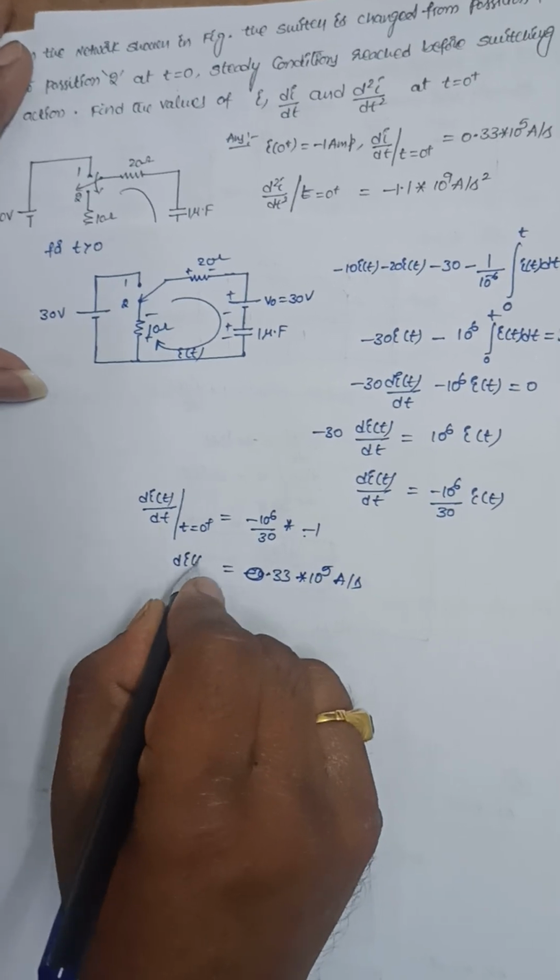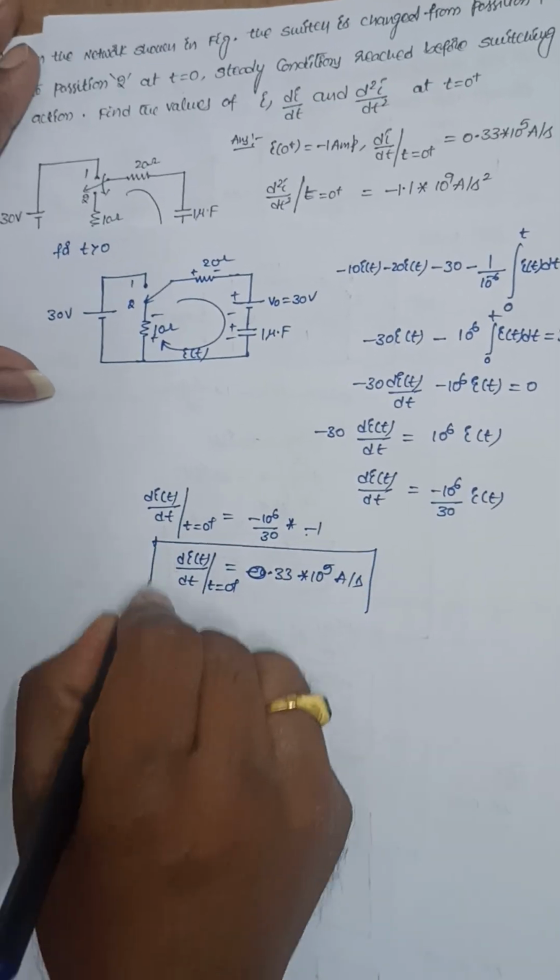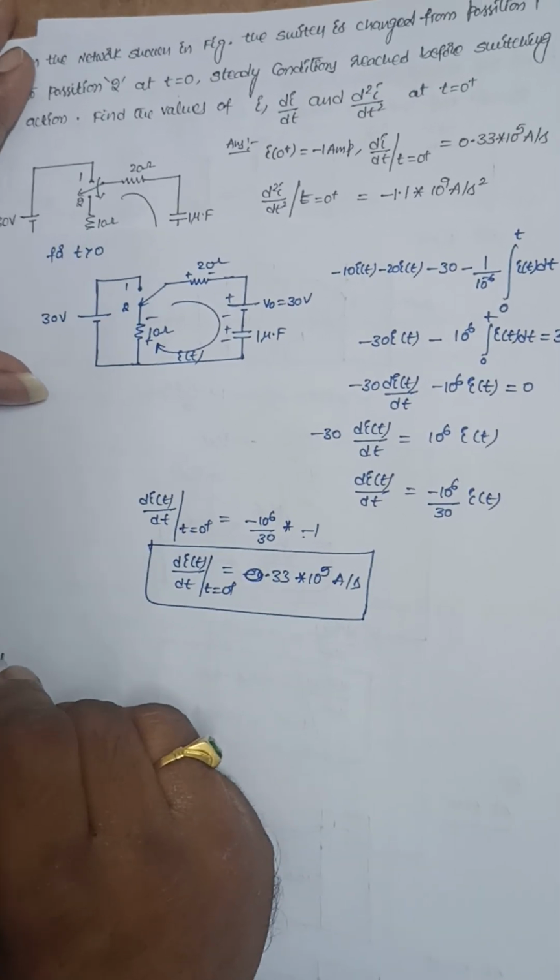So that is di of t by dt at t equal to 0 plus.